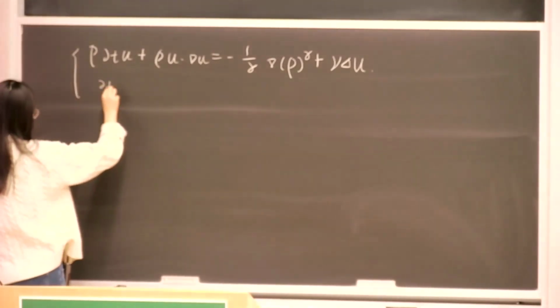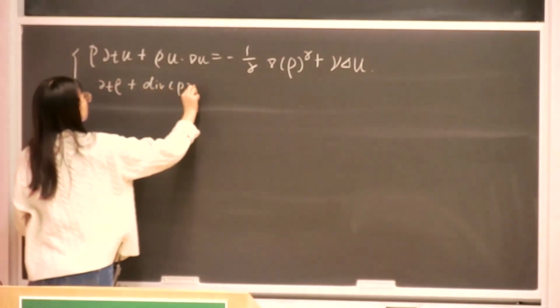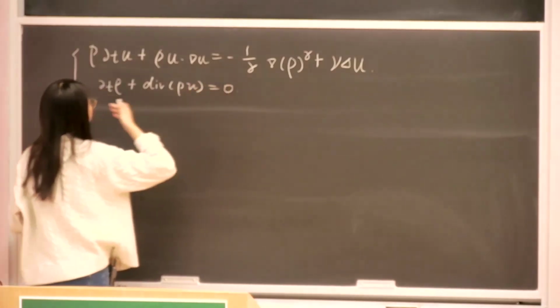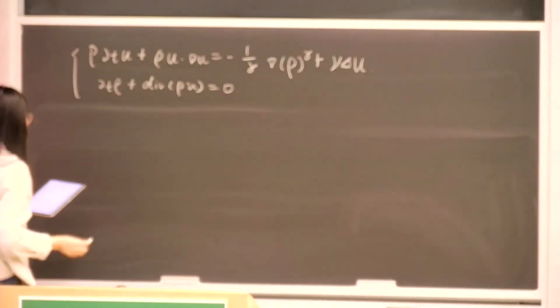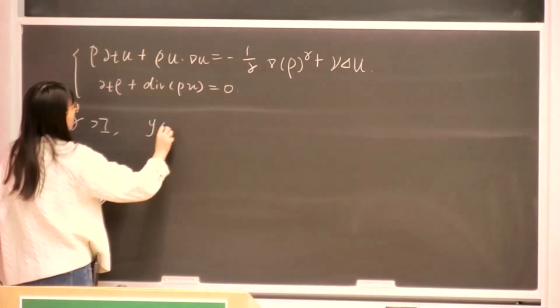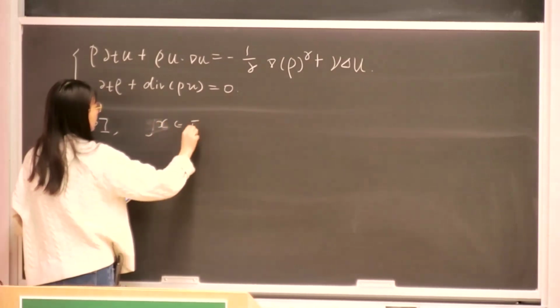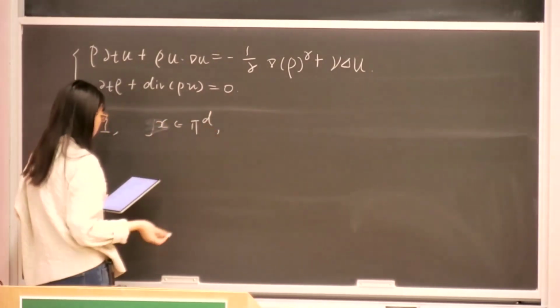The equation for the velocity and the equation for the density. Here gamma is greater than 1, and the space x can be either the torus or the whole space.